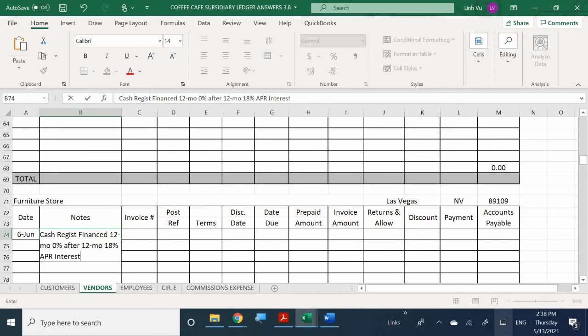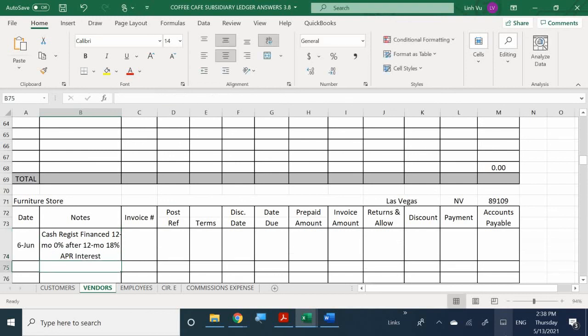Again, we didn't make any payments to this, so there's nothing that you are going to write here. You will be receiving a bill every month, and it's your choice. You could choose to pay more than the minimum, so you could pay it off quicker, or you could just pay whatever the monthly payment is and call it a day.